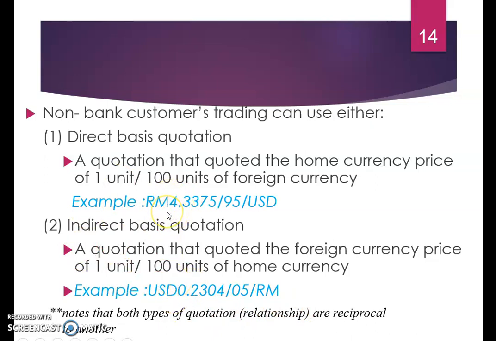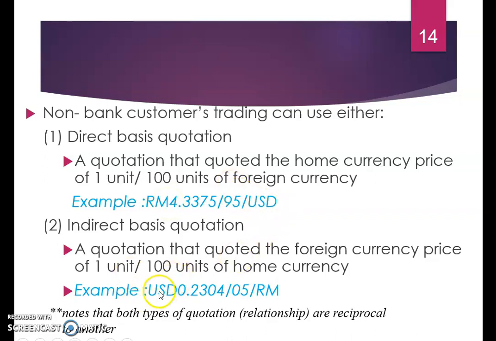If you see, when the amount starts with more than one, it means this currency is weaker than the currency that we put at the back. If you see this example, RM 4.3375 means in order for us to convert 1 USD, we need 4.3375, which means RM is much weaker compared to USD.